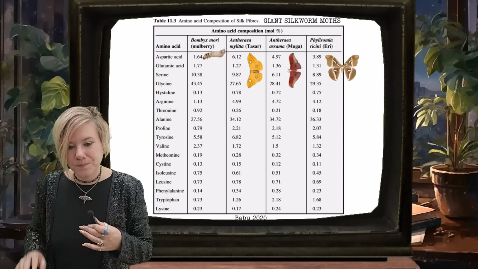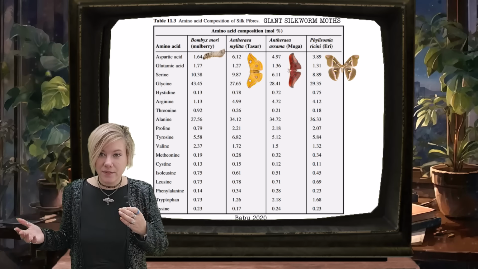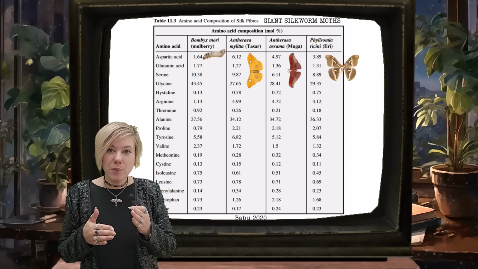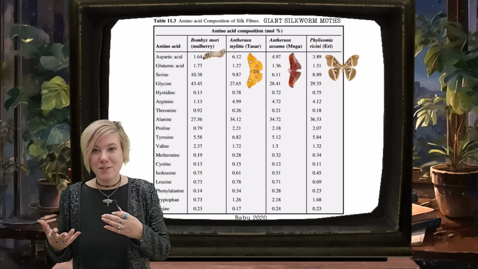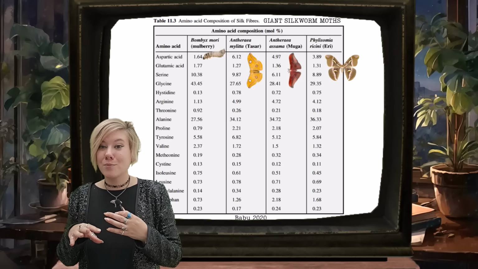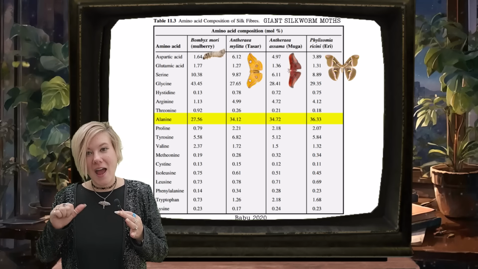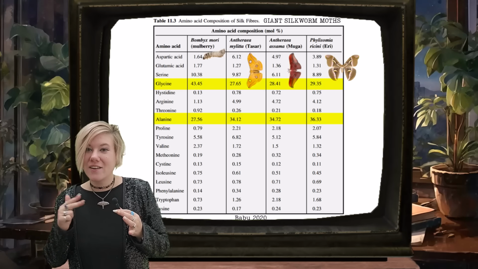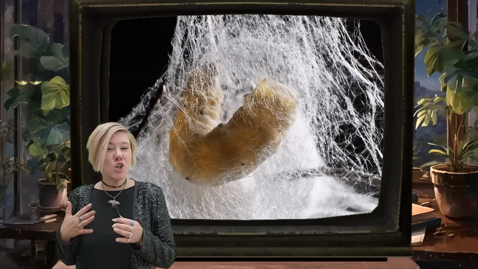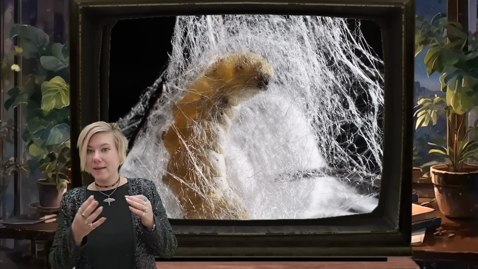That's what we're looking at here. You can see among these different species that different amounts or percentages of the overall weight of these building blocks are being used to create the silk. Some notable examples are alanine, glycine, and valine. We have a good idea of what we're looking at in caterpillars.